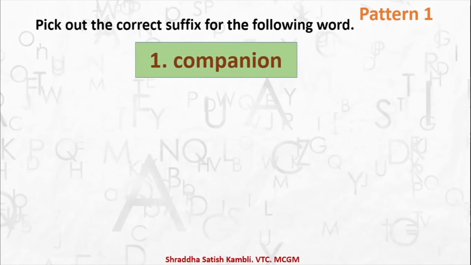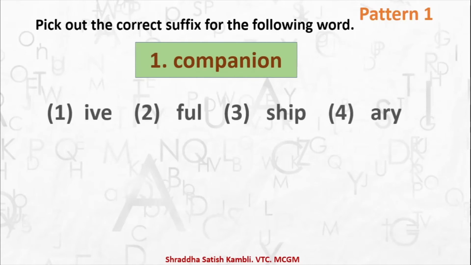Pick out the correct suffix for the given word. So suppose this is the word companion. So what could be the correct suffix for companion? So let's take a look at the choices that we have. So is it IVE? So is it companion V? Is it companion full? Is it companionship?